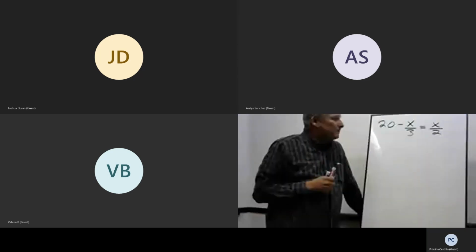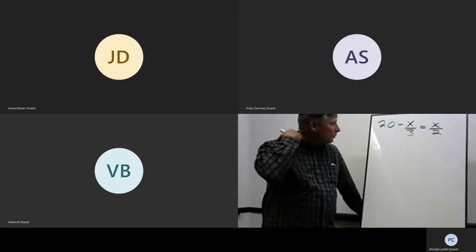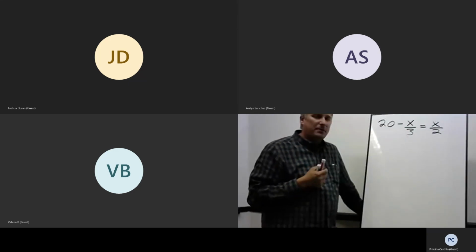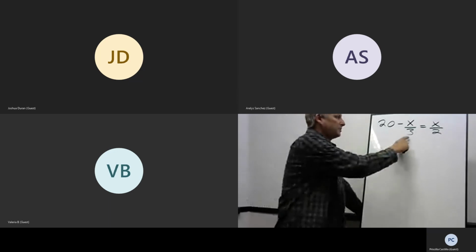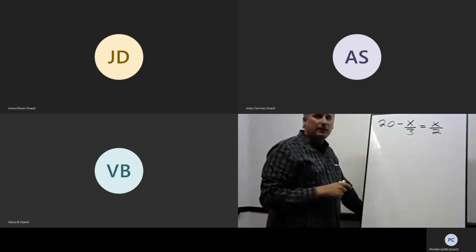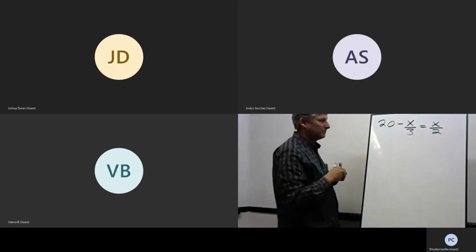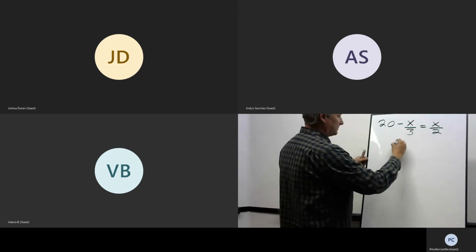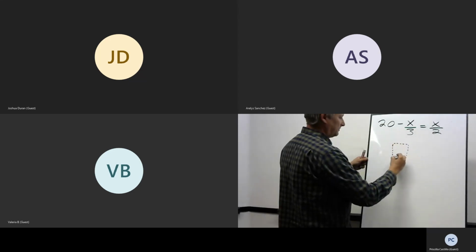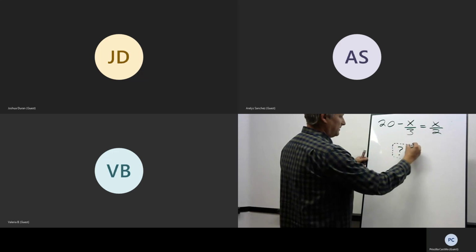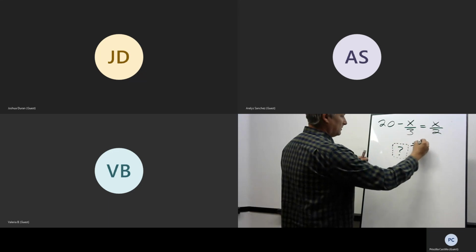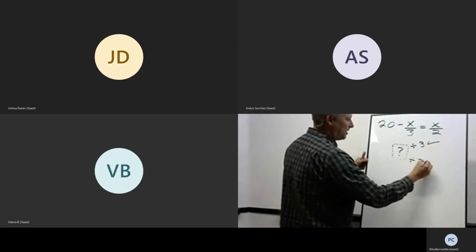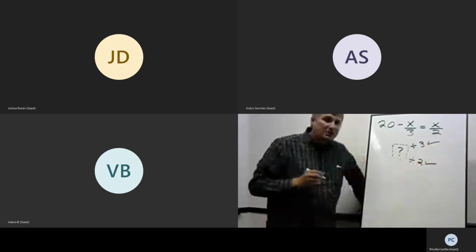So to solve this type of equation, what you want to try to do is come up with a number that 3 will go into and 2 will also go into. So there's some sort of magical number that's divisible by 3 and divisible also by 2.